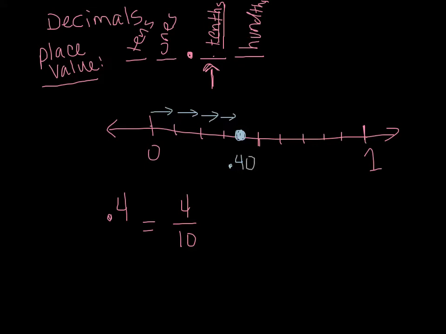Same as 40 hundredths, because if I called these 10, 20, 30, 40, 50, 60, 70, 80, 90, 100, the hundredths place just breaks it into 100 pieces. So this is 4 tenths, or 40 hundredths, or 4 tenths as a fraction. This is all the same amount.